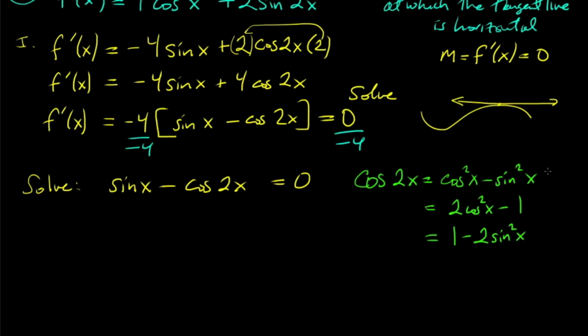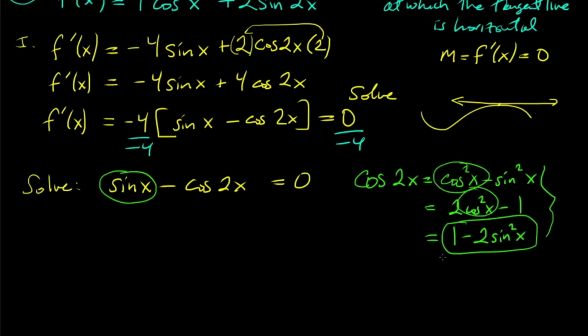Now, which of these three should we use? Well, notice that in the equation here, the only other term we have is the sine x. So if we can write everything in terms of sine, then I would use the bottom one here, 1 minus 2 sine squared, because all the others still have a cosine in it.